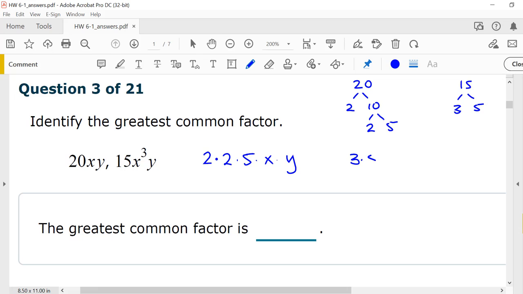So I get 3 times 5. Now x cubed, x, and a y. Okay, what's the greatest common factor on all of those? I see a 5 in common, and I see an x in common. That's it. So my GCF is 5x.